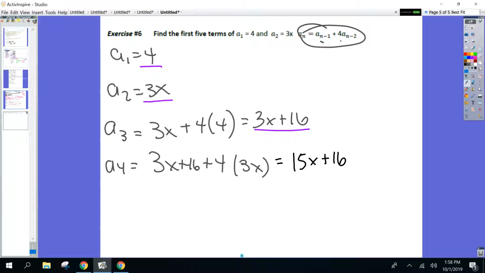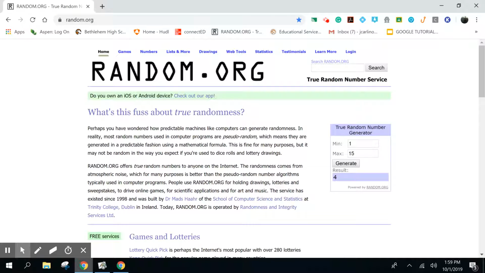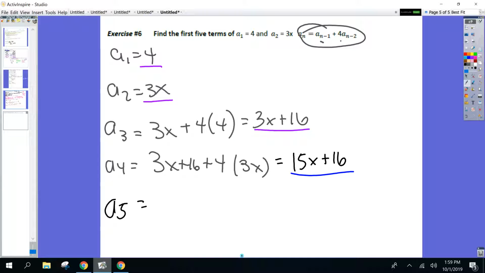And everyone ready for the fifth and final term? Patrick, can you help me find the fifth term? Ready?